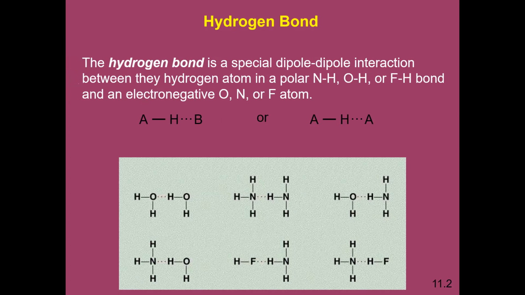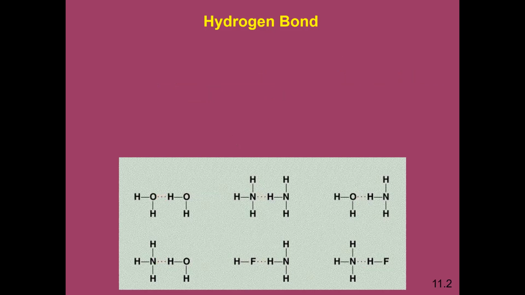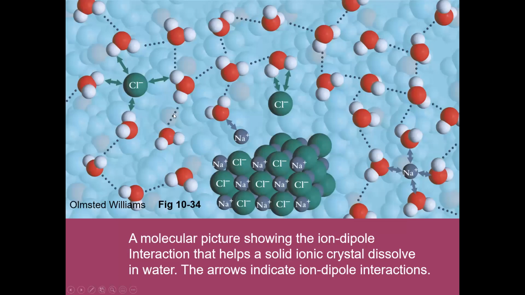Okay, so the hydrogen bond will form here. And if you remember over here in this picture, that's what these little dots are. They have hydrogen bonding between water because you have a hydrogen and an oxygen, which qualifies, and it's polar.